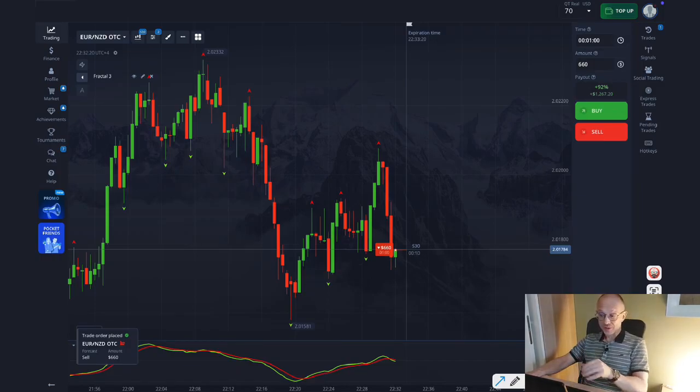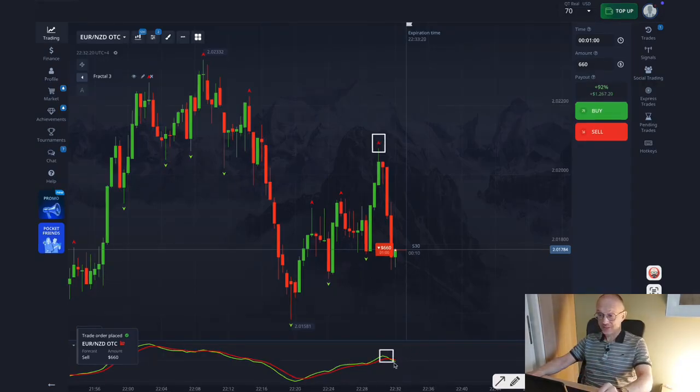Now I'll explain how the strategy works and how to correctly navigate its signals. So, the first guide is the fractal indicator. When a red arrow appears above the candles, it indicates a possible weakening of buying pressure and hints at a downward reversal. The signal is clearly visible and helps to understand that the market may be moving in a downward direction.